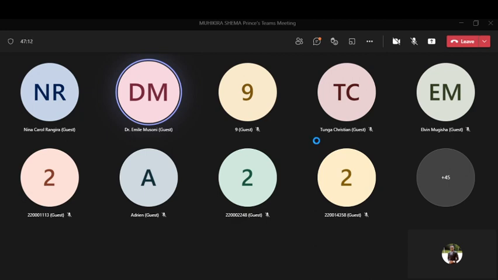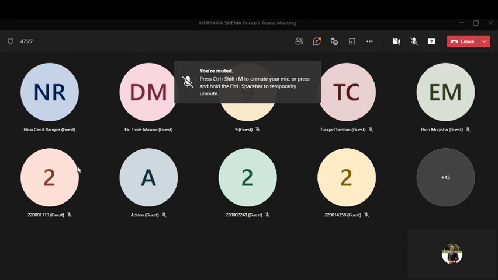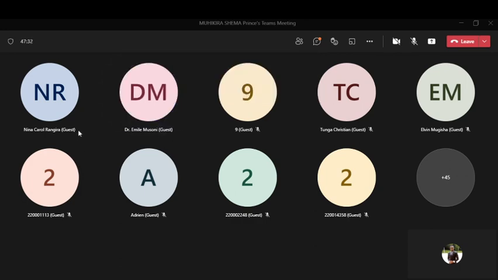Another question about lymphoma. How many types of Hodgkin lymphoma? Who can give us the answer? Four. Which and which? Five types.